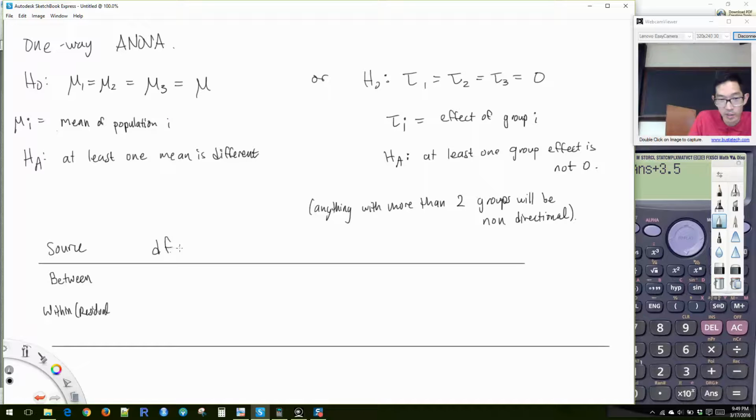And you've got your degrees of freedom, which is number of groups minus 1. The total would be n minus 1, and so within is n minus number of groups.